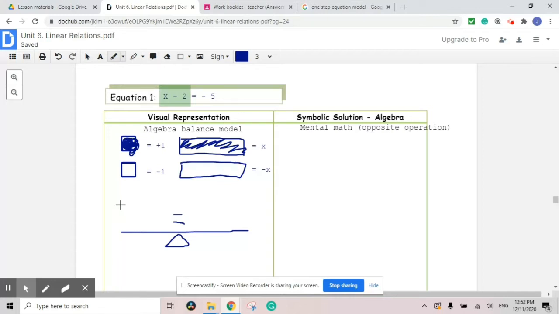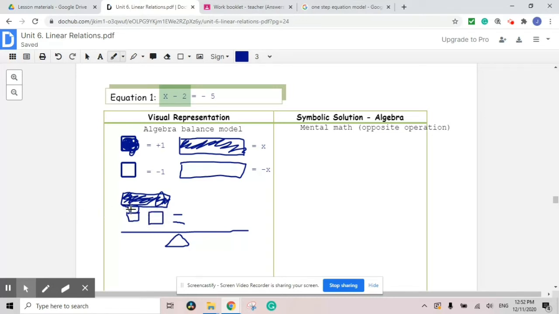X minus 2. First of all, x is positive, so that means I have to have x strip with color. On the other hand, when it comes to negative 2, that means I have to have 2 of a square that is empty.